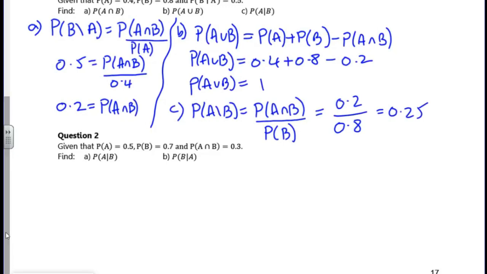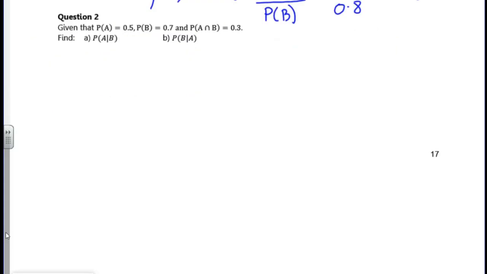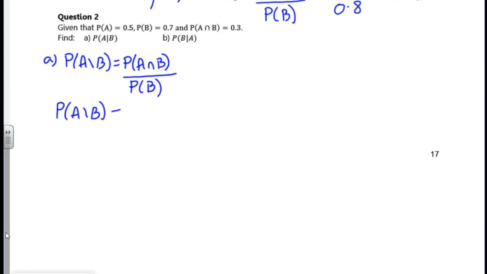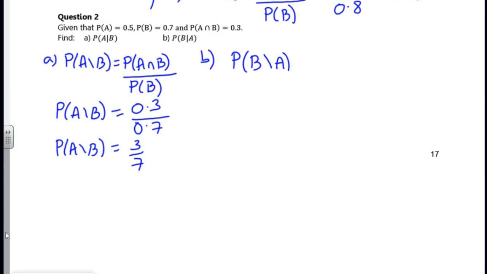So look at the next bit then. Question 2. So we want A given that B. So always divide by the given that. 0.3 over 0.7, so 3/7. And B given A. This is just to show you that it's not the same.